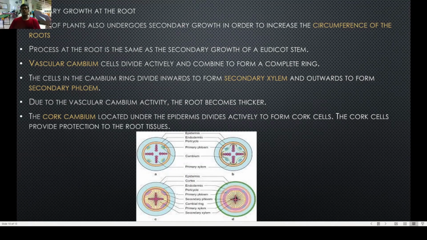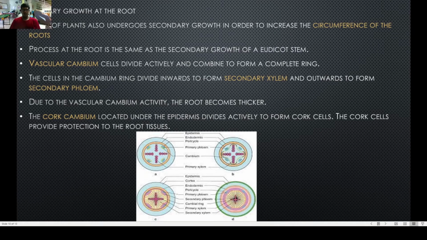Okay. Now for the secondary growth at the roots. Roots of plants also undergo secondary growth in order to increase the circumference of roots. The process at the root is the same as the secondary growth of a eudicot stem. Vascular cambium cells divide actively and combine to form a complete ring.